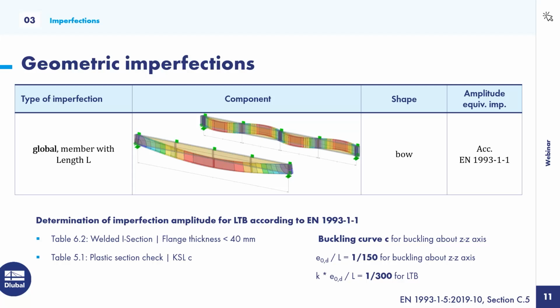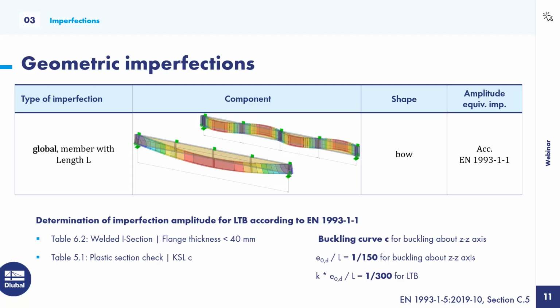And with this information and with the information of our buckling curve, we can then read the imperfection amplitude for our equivalent imperfection as 1/150 for buckling about the weak axis. And we would then need to take half of this for our lateral torsional buckling imperfection.